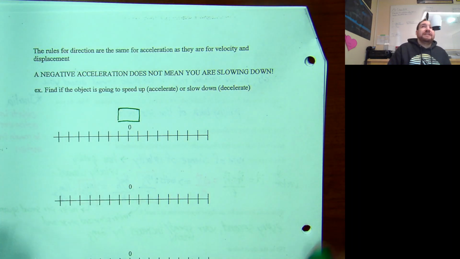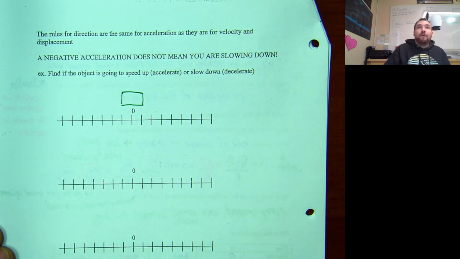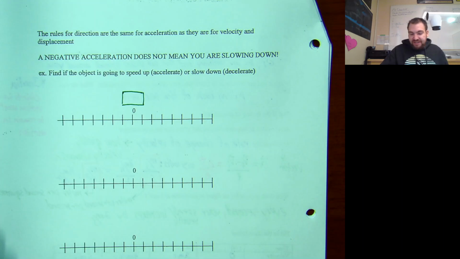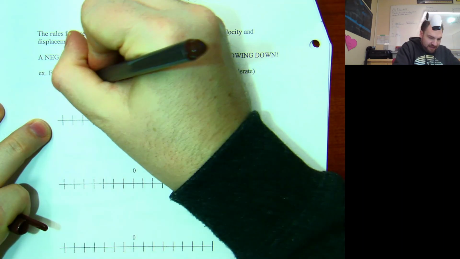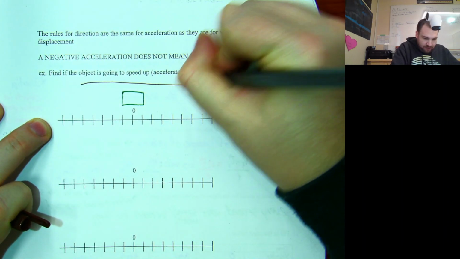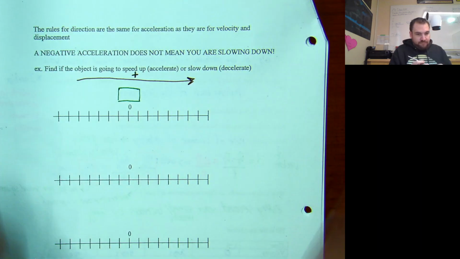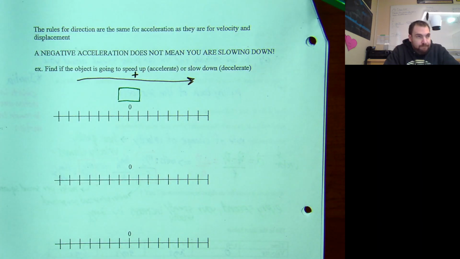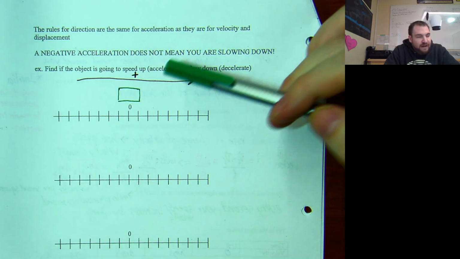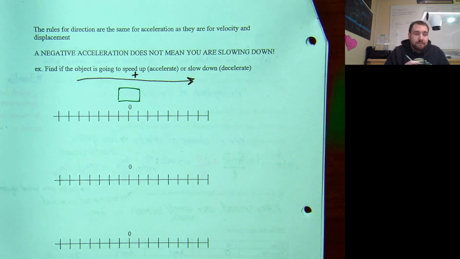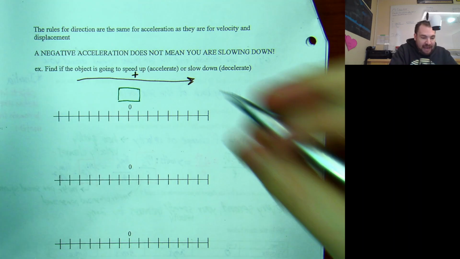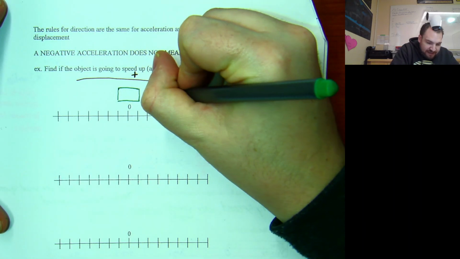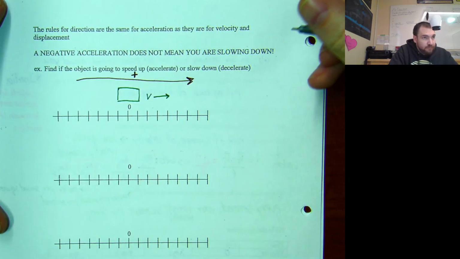For all 4 of these pictures, we're going to say that this direction is positive. Okay? So if I have this object, and it has a velocity in this direction, what does that mean?